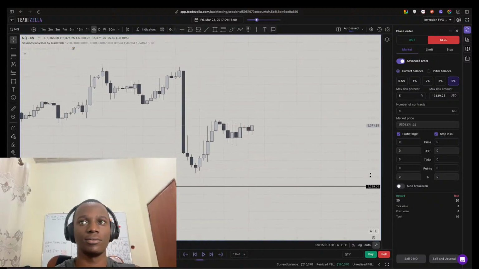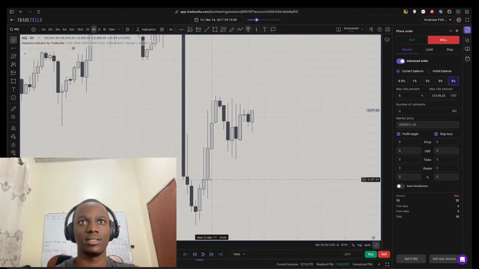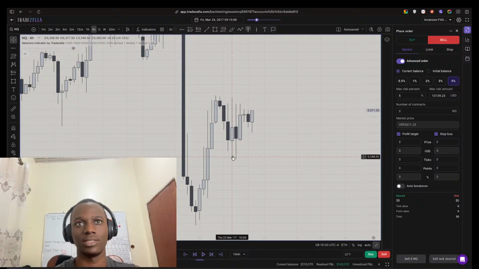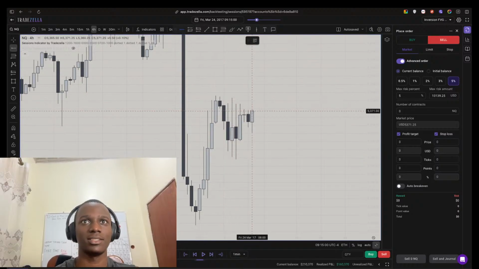Checking the 4-hour, we are moving higher. You can see we dropped, retraced, so left behind some liquidity right here.